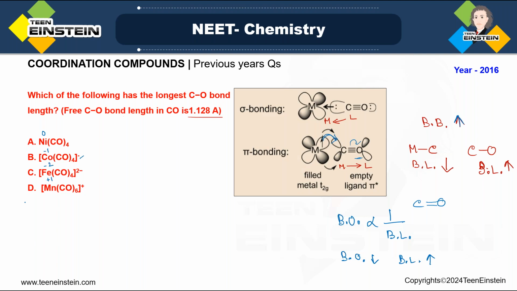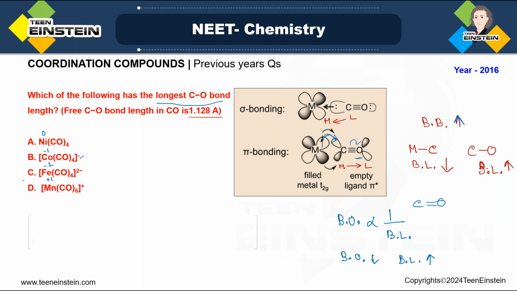When negative charge density over the metal is very high, the chance of back bonding will be very high, isn't it? So when back bonding is maximum, CO bond length is also maximum, and we have to find that longest CO bond. So this should be option C, iron carbonyl complex with two negative charges. That should be the correct option.